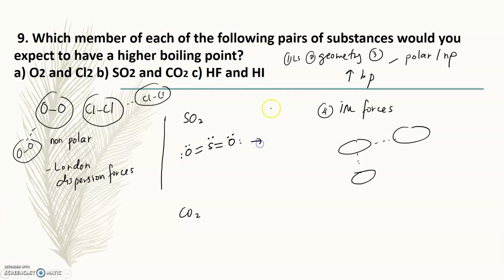So the geometry for sulfur dioxide is 2 bonding pairs and 1 lone pair. So what is the structure? This is bent.